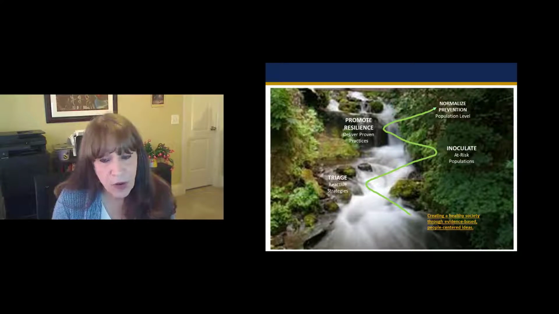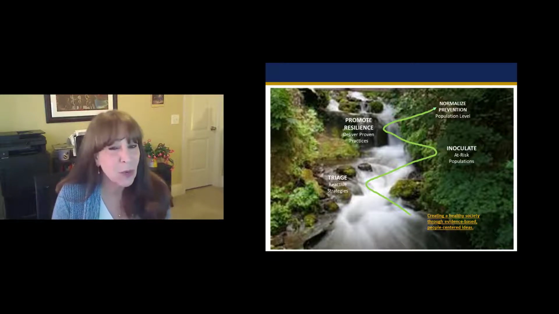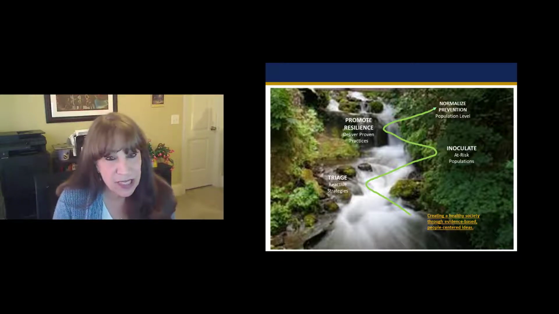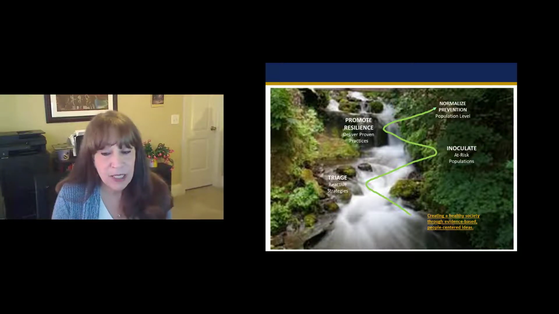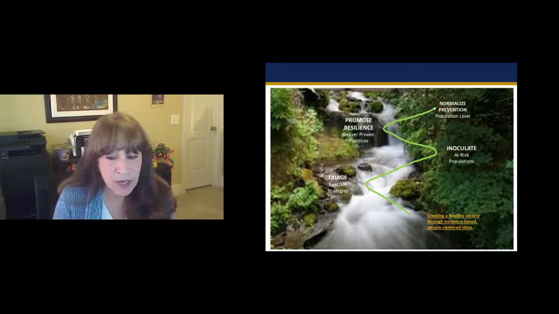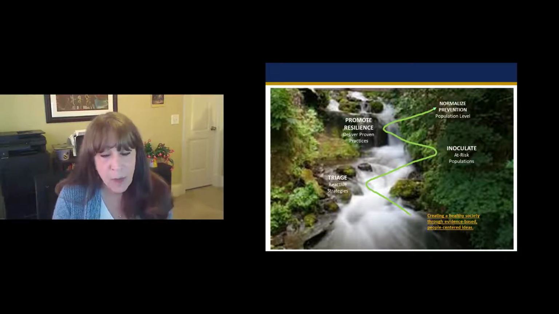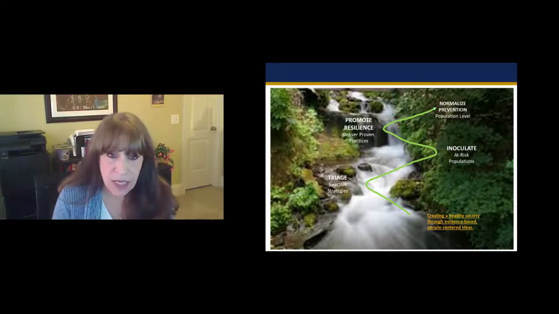A little bit further up the river, we have the promotion of resilience. And we're getting there, but this is where we want very systematic delivery of evidence-based programs. We also want people to be aware and educated about the risk factors that contribute to these problems. We want to encourage adoption of these programs so that they are embedded in systems, in existing infrastructures in our society.